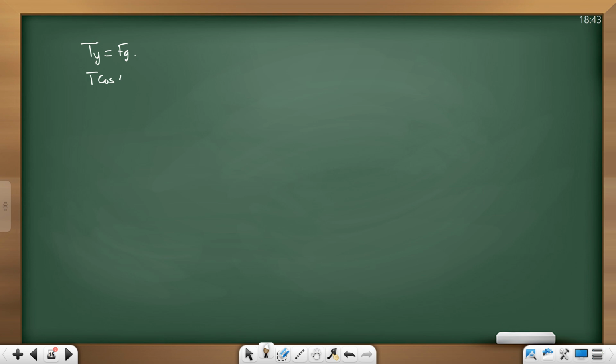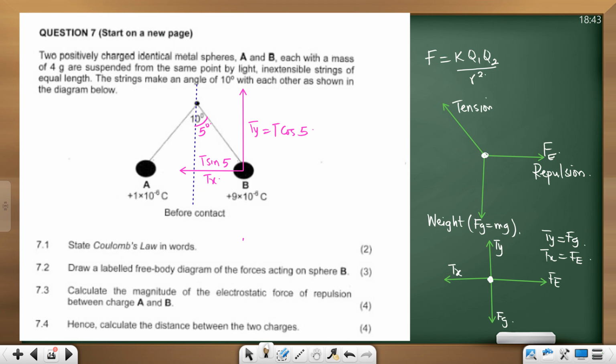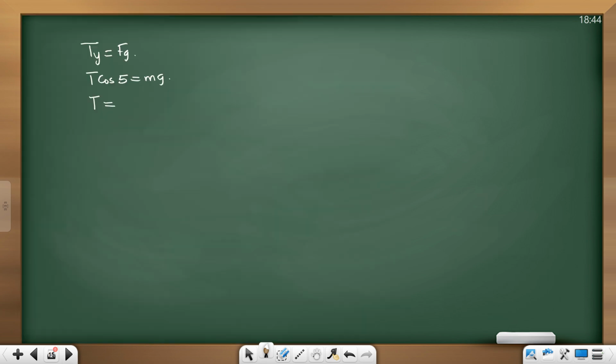T cos 5 equals to what? mg. Oh, what is m? Our mass is 4 grams, which must be converted to kilograms, divided by 1000. 0.004 times 9.8 over.